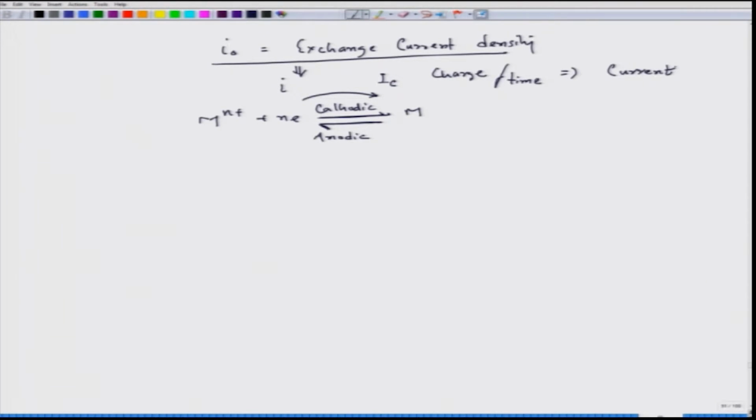This current is involving the cathodic reaction, so that is what we call the cathodic current.